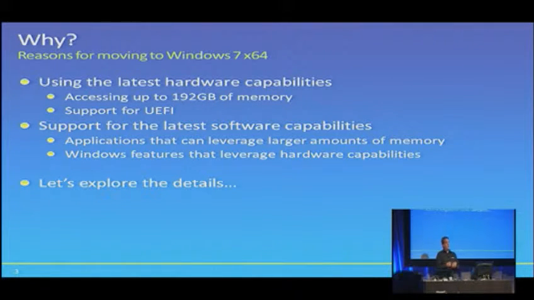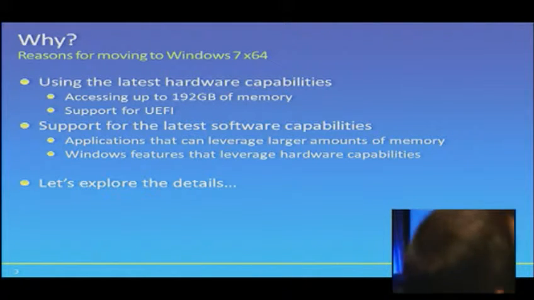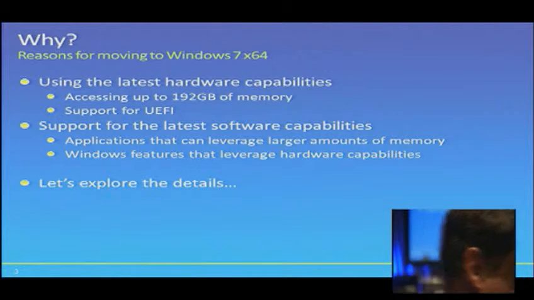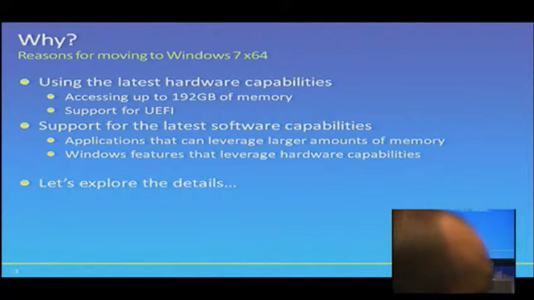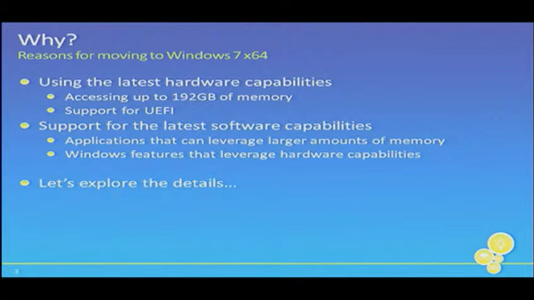On the software side, most of this is about being able to have software that could leverage additional memory or additional hardware capabilities. So the software in the past has been the main driver for getting to Windows 64-bit. Now that the hardware is finally catching up and you're starting to see people buy machines with 4 gig or more of RAM, it's really starting to be the other way around.